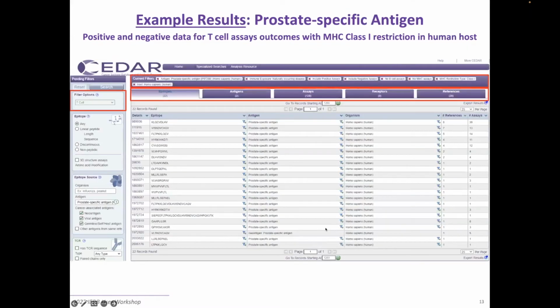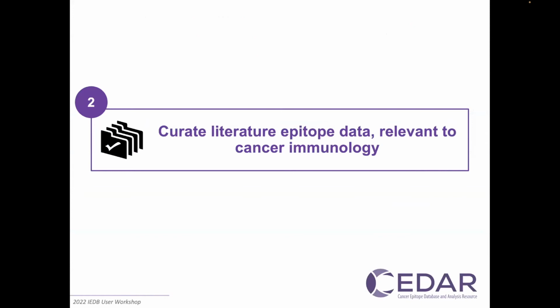And then you will get this type of data in a similar fashion to what has been developed for the IEDB. Someone who is familiar with the IEDB will find this relatively intuitive, with different panes for the epitopes, the antigen, the assays, and so forth. So that's where we stand in terms of the development of the database structure and query and reporting.